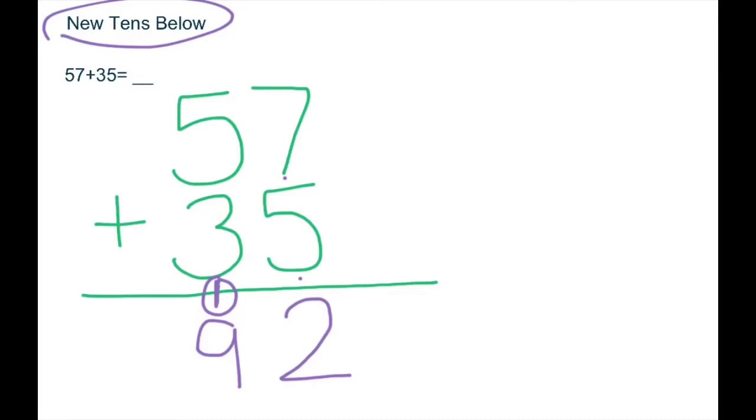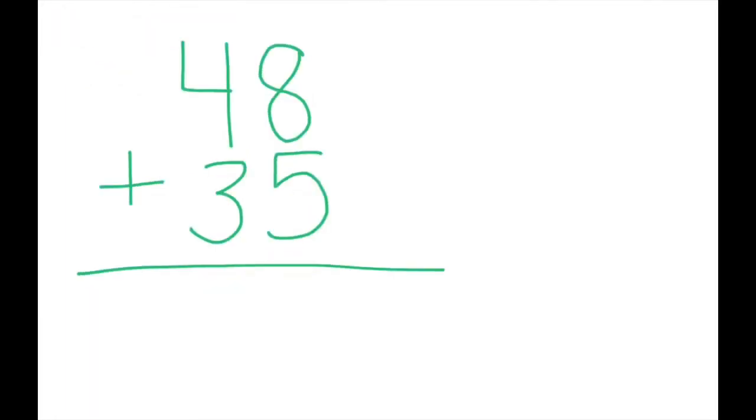This strategy of adding the new 10 below, right lined up in your tens column, helps you to see that you have another 10 you have to add in when you're adding your tens, because your ones, 7 plus 5, equaled 12. 1 ten and 2 ones is the number 12. This strategy of adding the new 10 below is one way to add greater numbers.